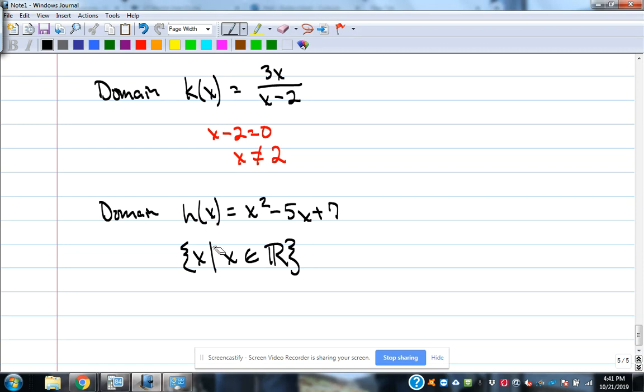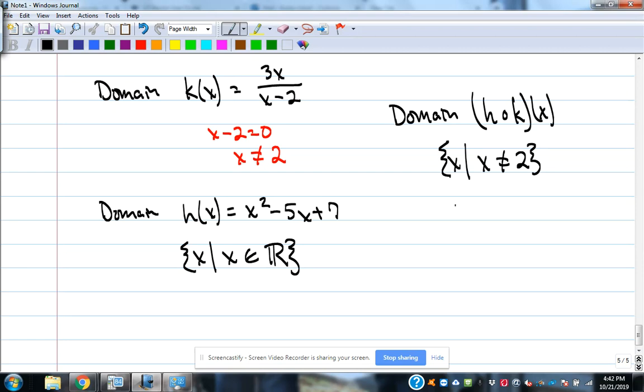Since there are no restrictions on that, I don't have to do any extra work. The only restriction I have is the x cannot be 2 that came from the second function. So the domain of my composite function, h composed with k of x, is going to be x cannot be 2. And then the interval notation would be from negative infinity to 2, union from 2 to infinity.